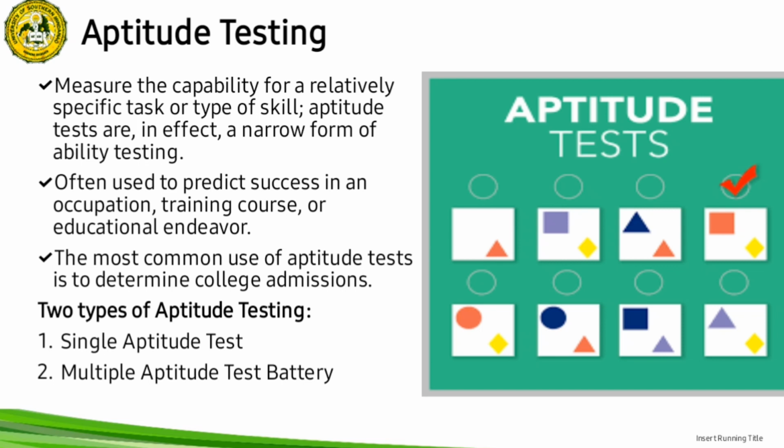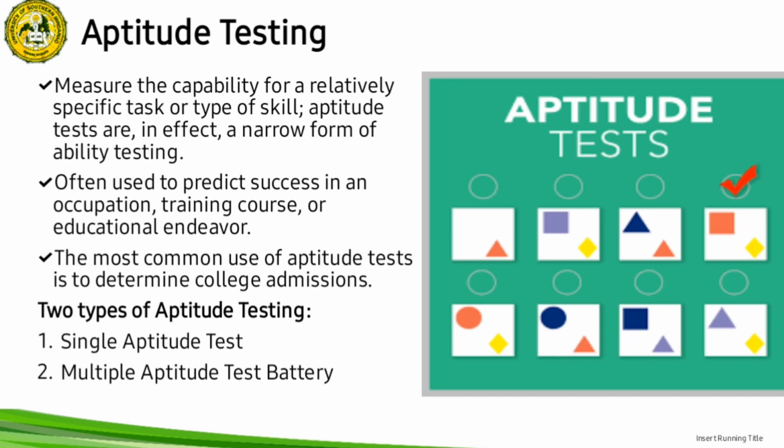The most common use of aptitude tests is to determine college admissions. An example is the SAT, or the Scholastic Assessment Test, previously called the Scholastic Aptitude Test of the College Entrance Examination Board. In effect, colleges that require certain minimum scores on the SAT for admission are using the test to predict academic success.